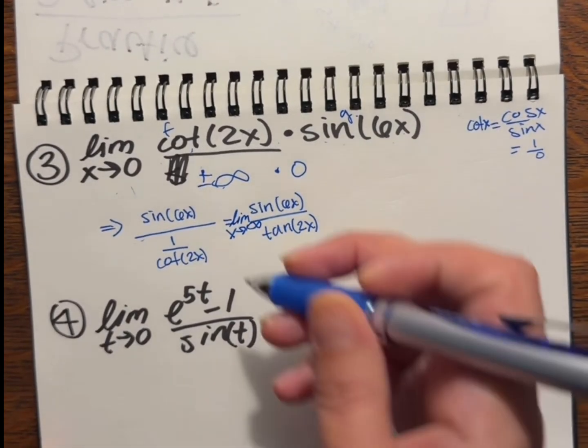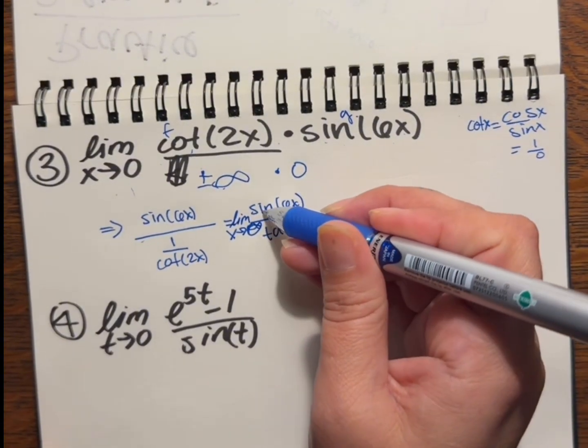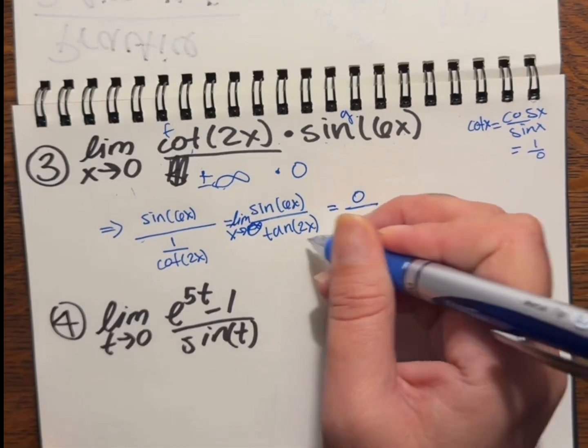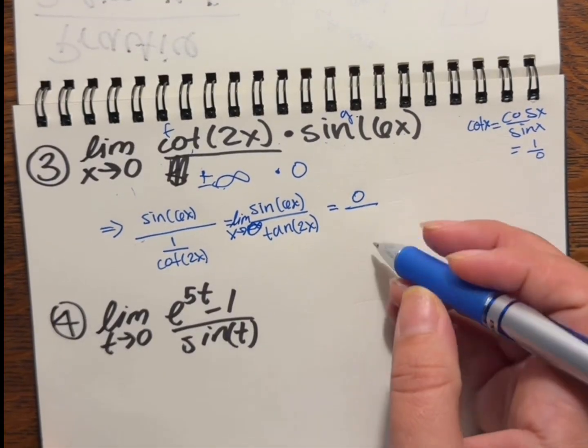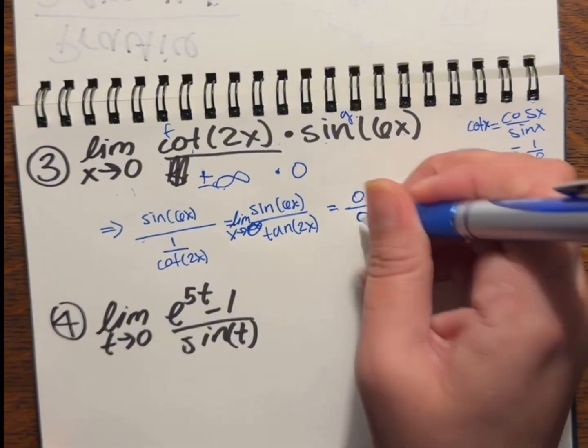Okay. Oh, 0 as x approaches 0. So as x approaches 0 here, sine of 0 is 0. And then tangent we know is sine over cosine, so it's 0 over 1. So this is going to be 0.